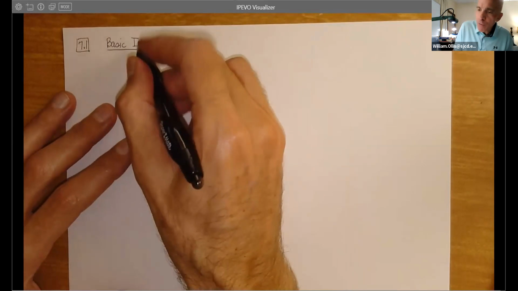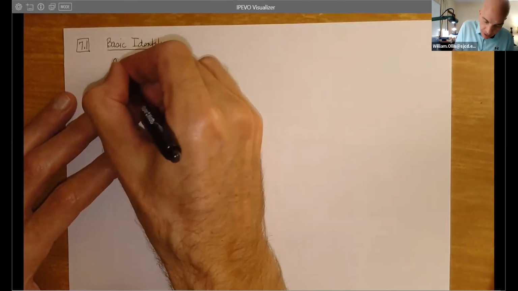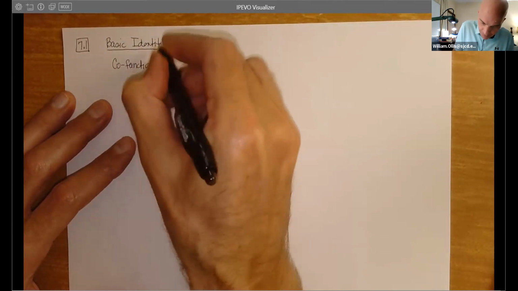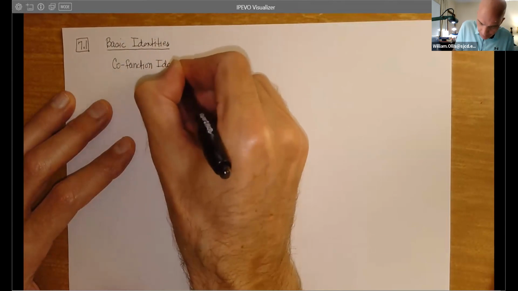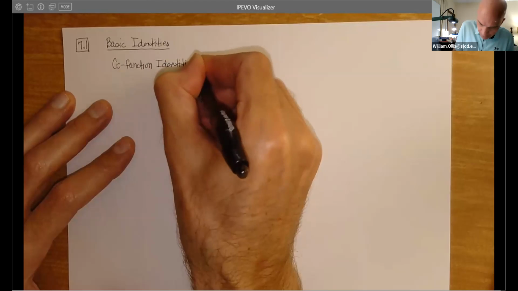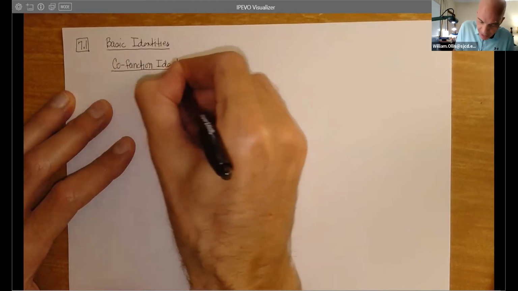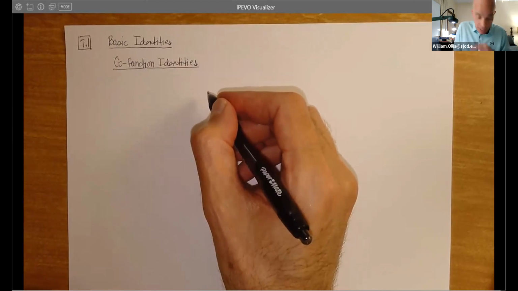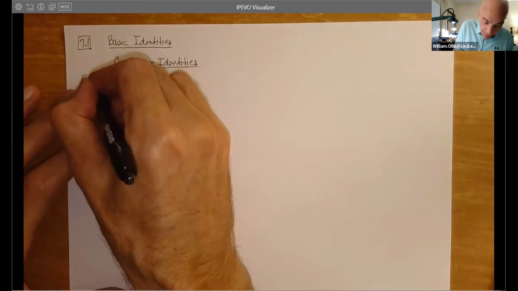These are called the cofunction identities. This is adding to the basic list. We'll add more as we work through chapter 7.